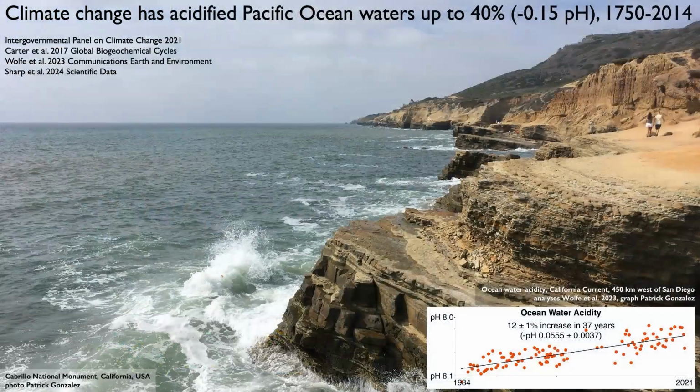This is Cabrillo National Monument, and off the coast of San Diego, the University of California Scripps Institution of Oceanography has been monitoring ocean acidity, and we see an increase of ocean acidity of 12% since 1984, just off the coast of this national park in California.